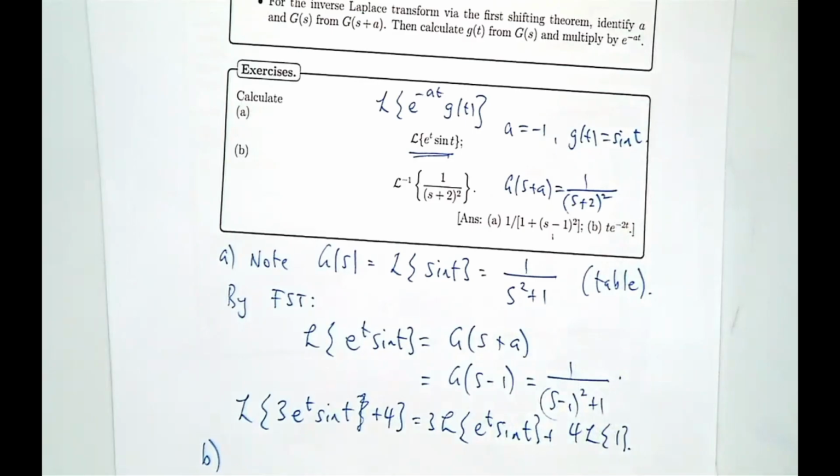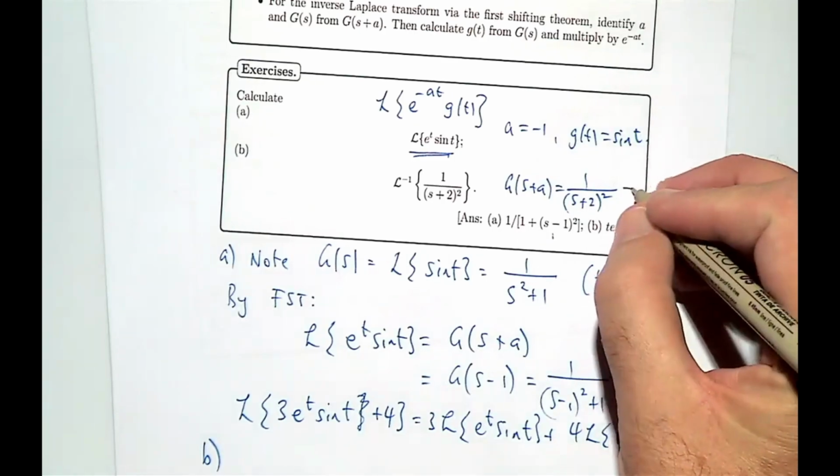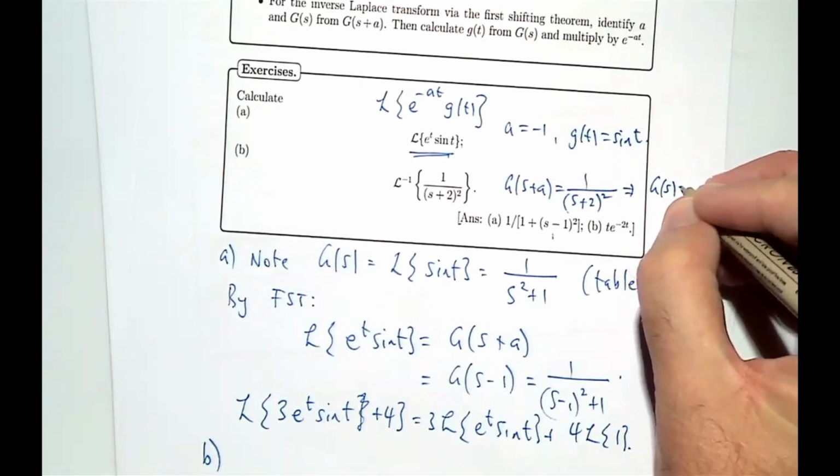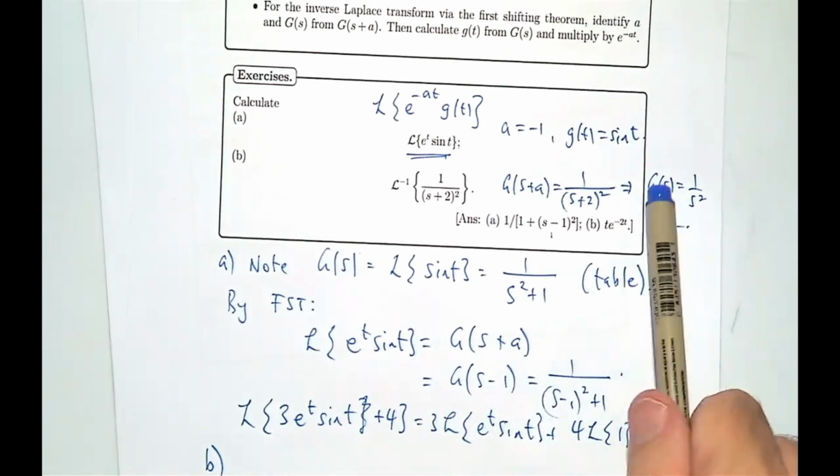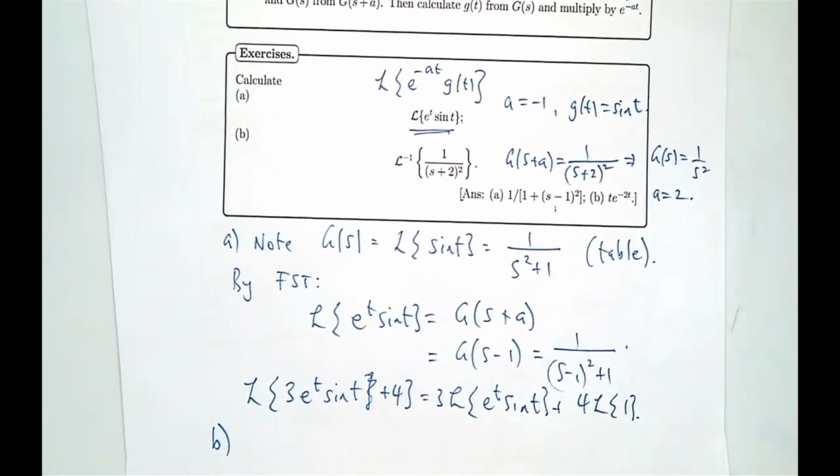So what is my function big G of s? 1 over s squared, exactly. And what would a be? You're on a roll. 2, exactly. Okay, so let's use that down here by the first shifting theorem.